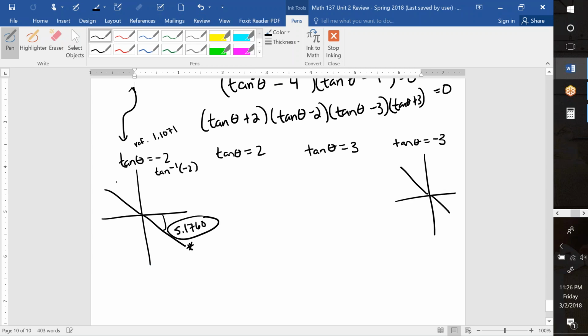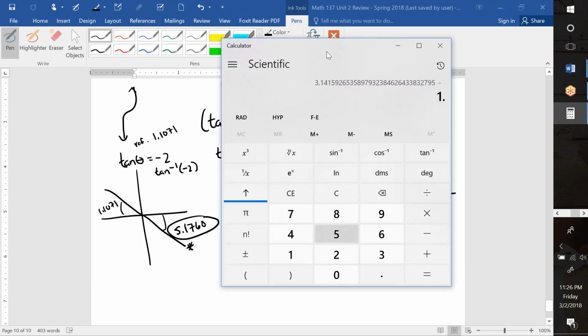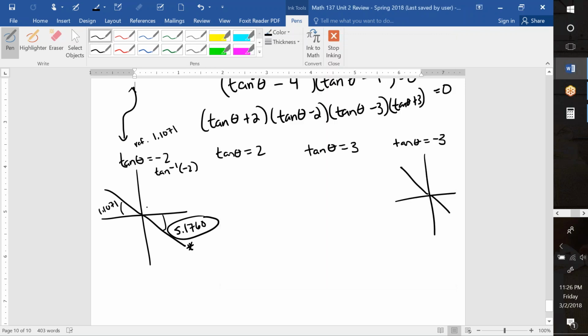And then we would also want to figure out this angle over here. It also has that reference angle of 1.1071. So we would be doing pi minus that. That's 2.0345. Okay.